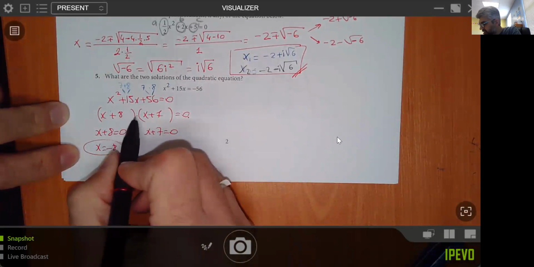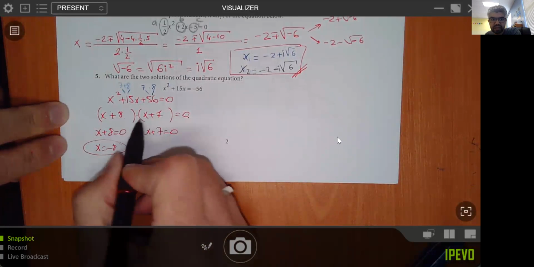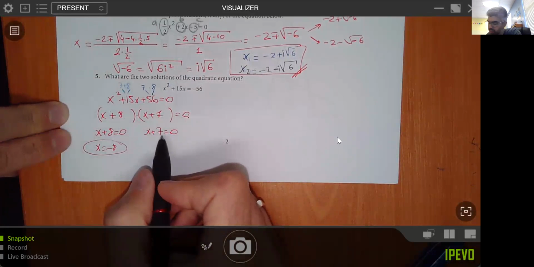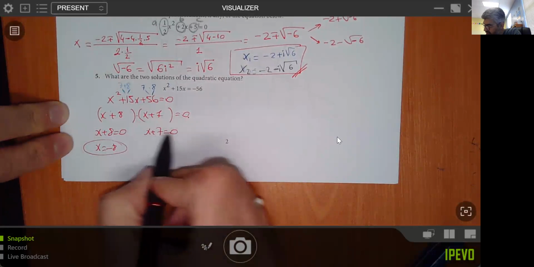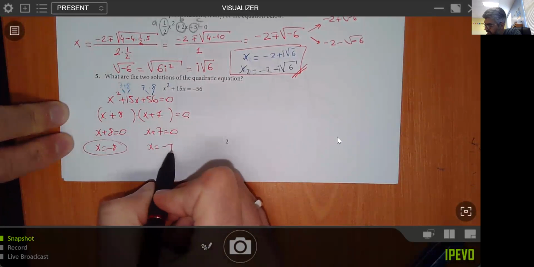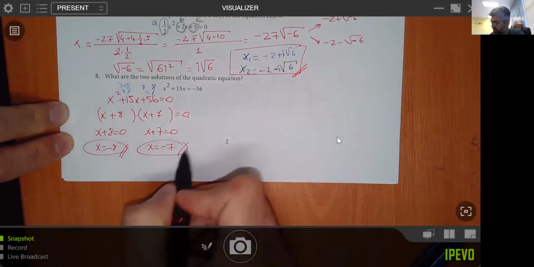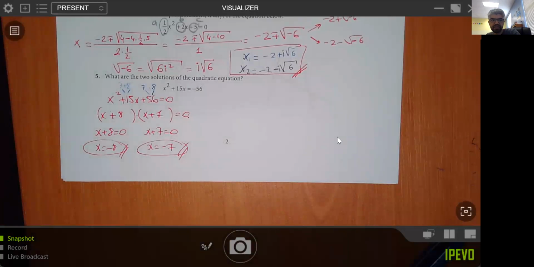Since the product is 0, every factor has to be equal to 0 to find all the possible solutions. From here, x is negative 7. So we have two solutions, guys, negative 8 and negative 7. Okay, is it clear?